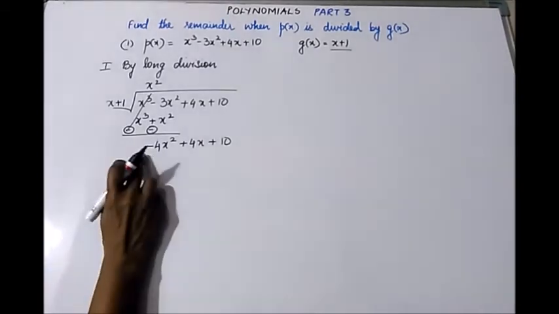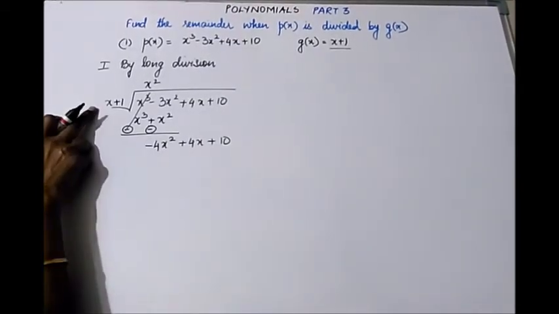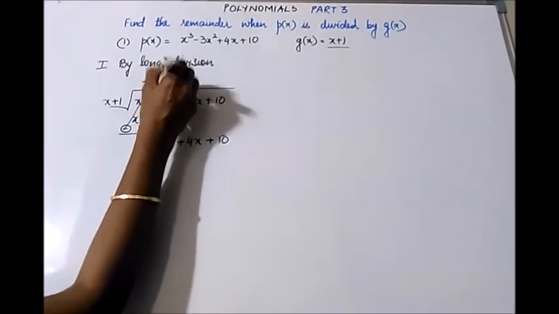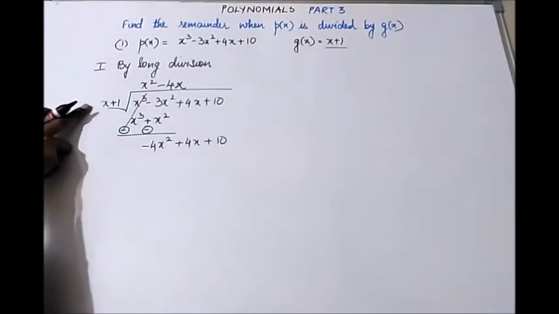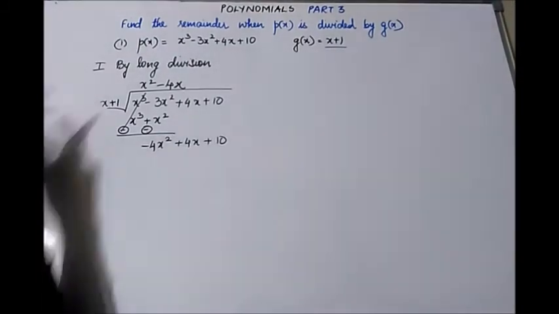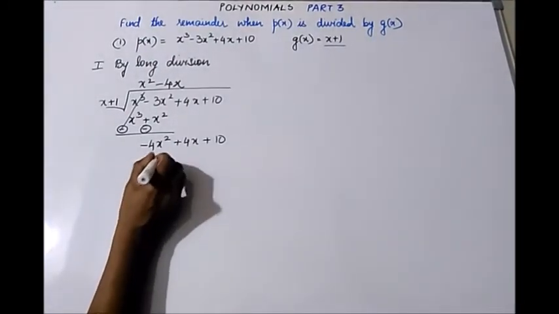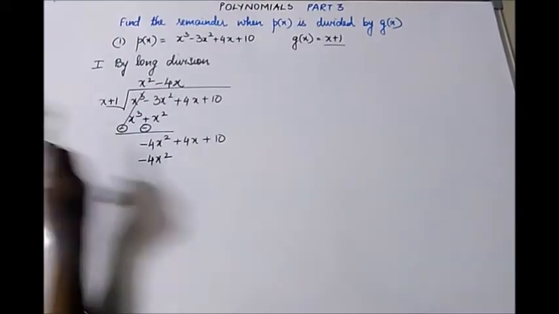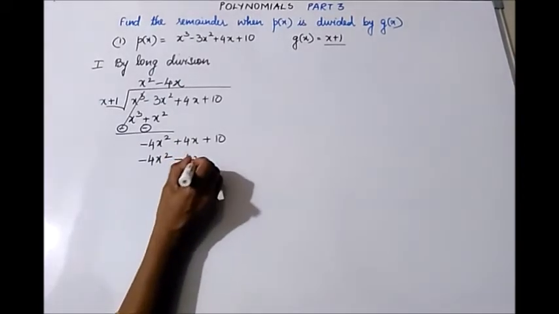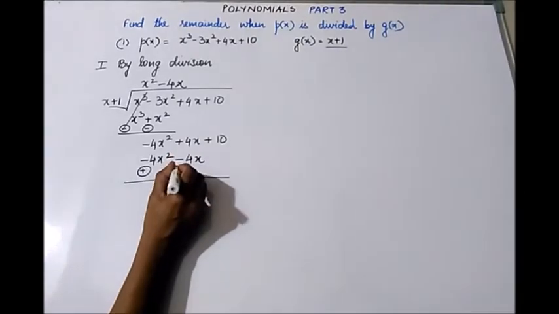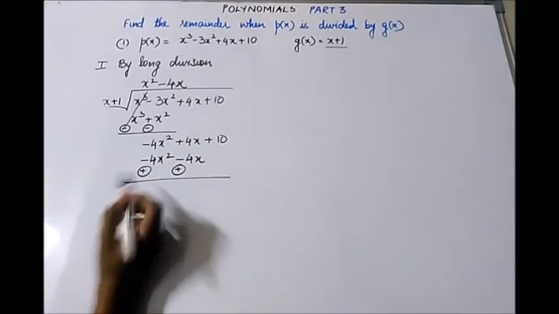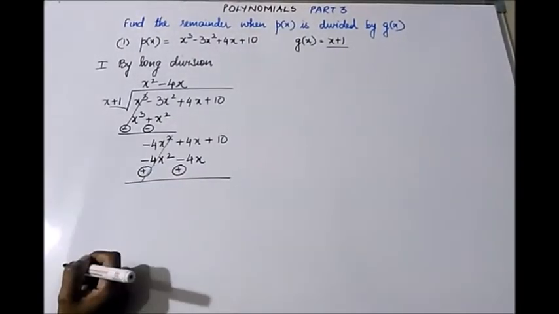Now minus 4x square divided by x will give me minus 4x. Now multiply minus 4x by the divisor. Minus 4x into x will give me minus 4x square. Minus 4x into 1 will give me minus 4x. Now do subtraction, that is minus becomes plus here, minus becomes plus. Minus 4x plus 4x, it will get cancelled.